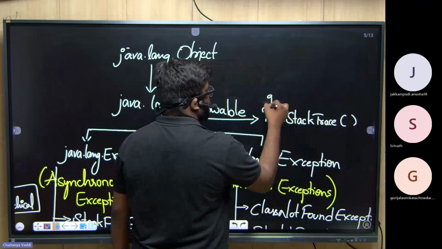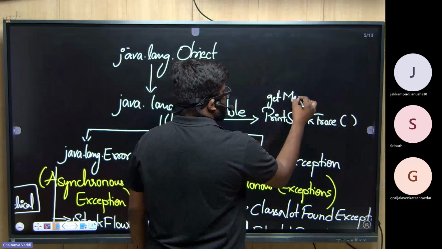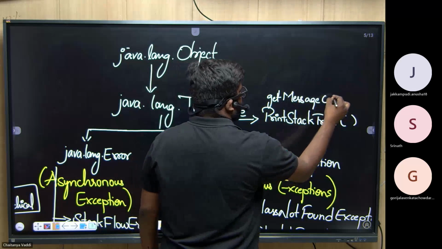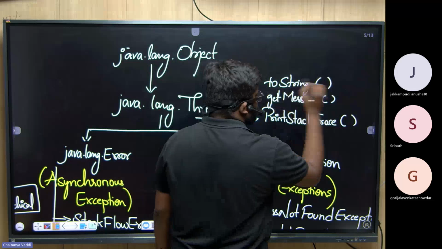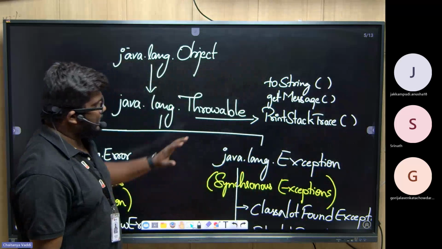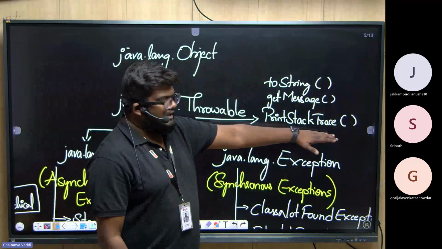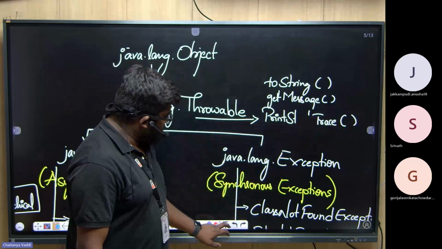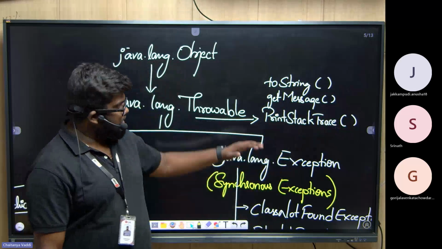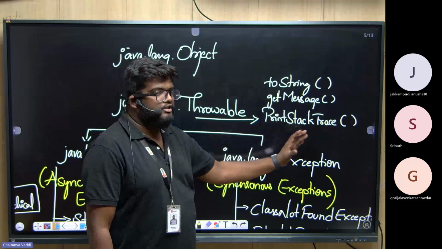It also has the getMessage method and the toString method. These are the three methods that we are going to use in future. But at this point of time, the printStackTrace method is going to be executed. This printStackTrace method is a non-static method.